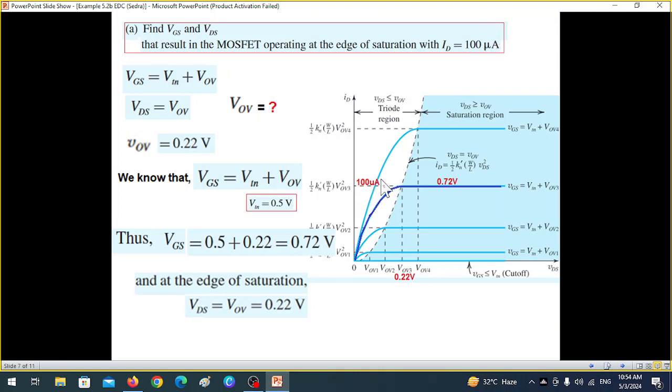This is the locus of the saturation point, or the beginning of saturation. So wherever this becomes a straight line, that is the point of our VOV. So this point we'll call VOV 0.22.